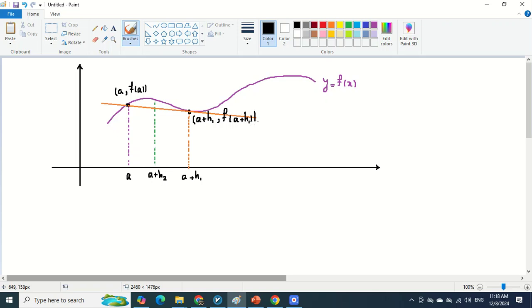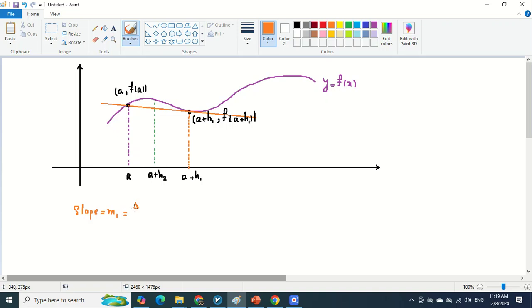Right now, to calculate the slope of that orange line, we can denote it by m again, or it's better to label it m1, and it should be calculated as delta y over delta x.